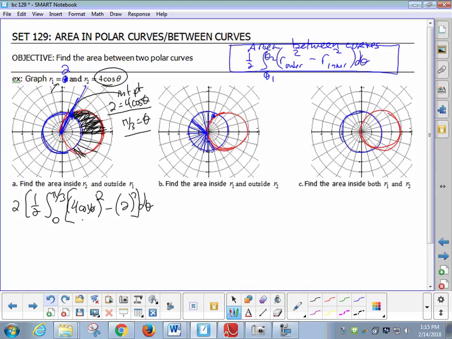Could we just shift it over to the left 2 units and take a look? Shifting horizontally in polar. It's the same area as that, so we just found the equation was negative cosine theta. This is the same area as that. Yes.